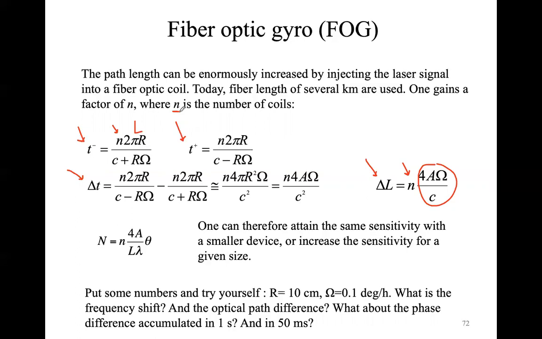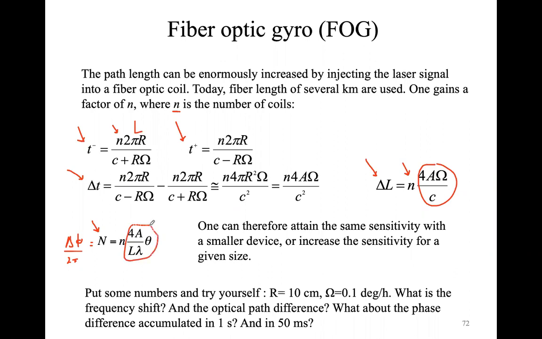So what happened here, as I said, fiber optic gyroscopes are going to look at the number of fringes, which is given by delta phi divided by 2 pi. This is for the one that we've seen before.